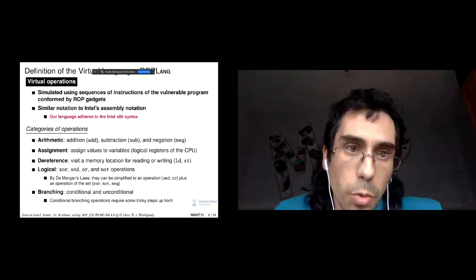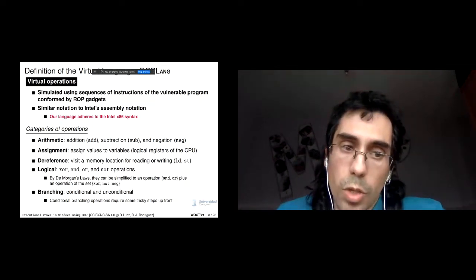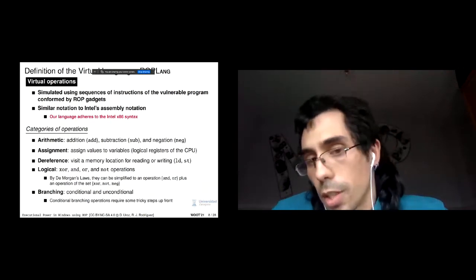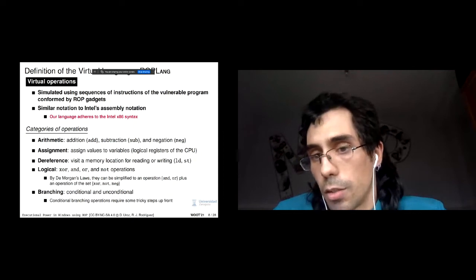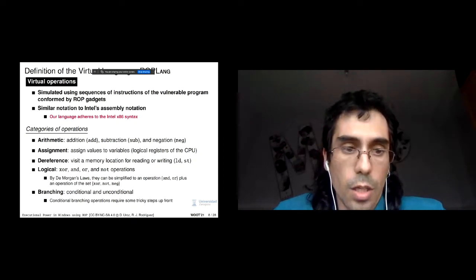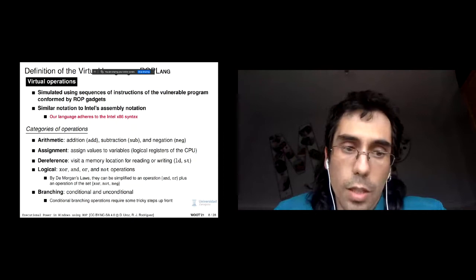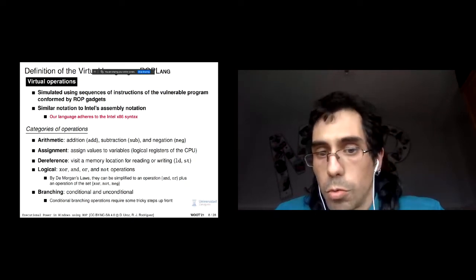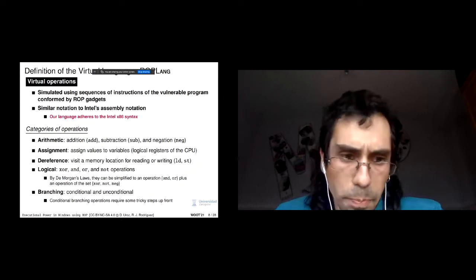Regarding the operations that we have in this language, we have the arithmetic operations. We have the assignment operations to assign values to variables. In this case, variables are logical registers of the CPU, mainly logical registers. Then we have also the reference operations, which are useful to write or read memory addresses.